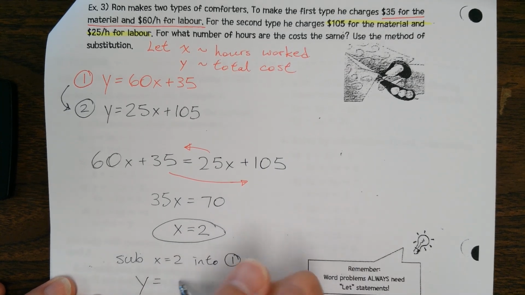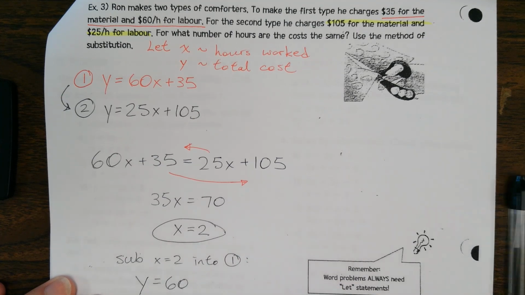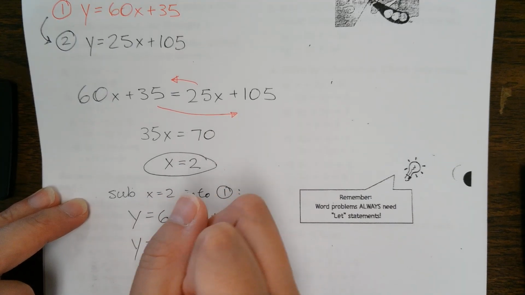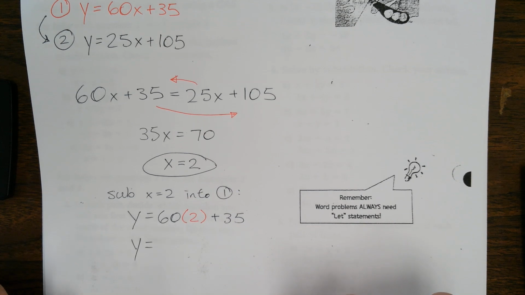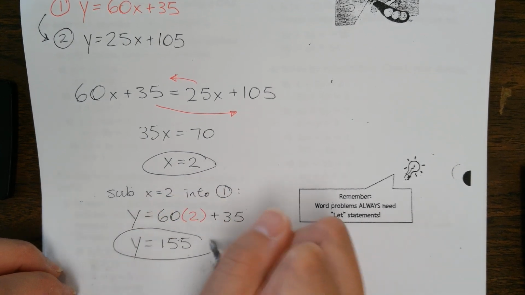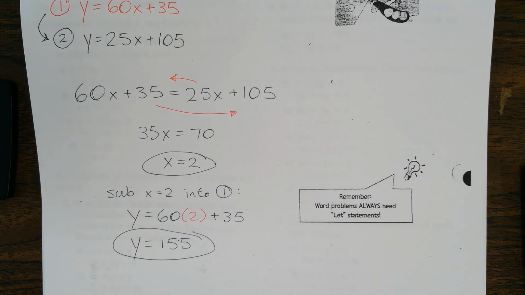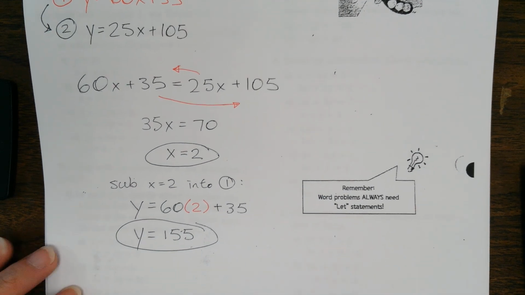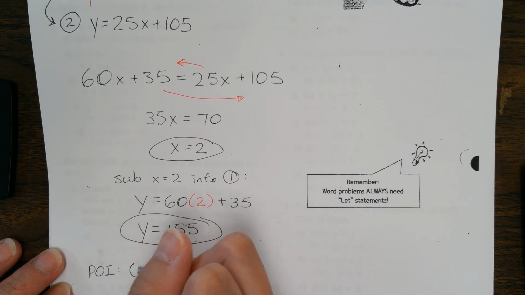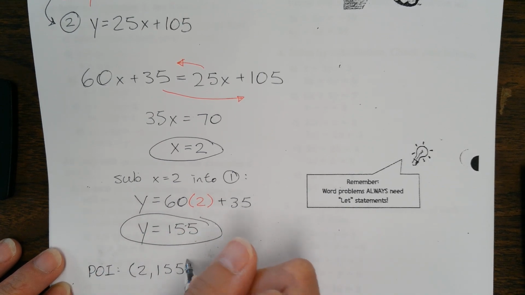So y equals 60 times 2 plus 35. So y equals 120, 155. Okay, so my point of intersection is at 2, 155.